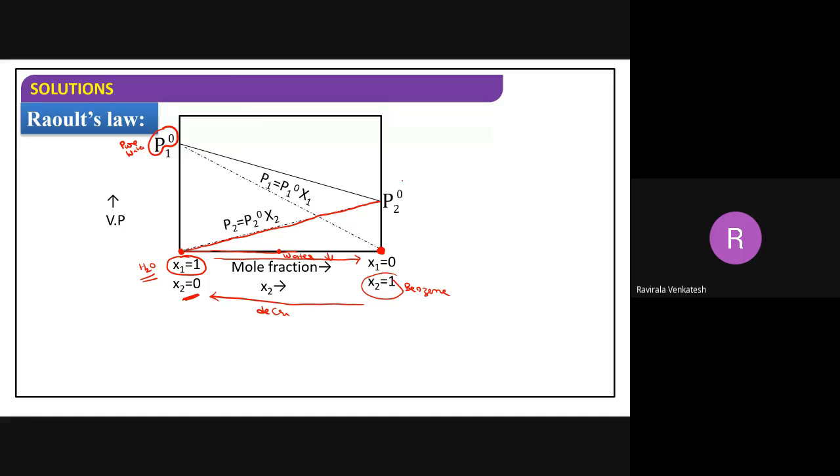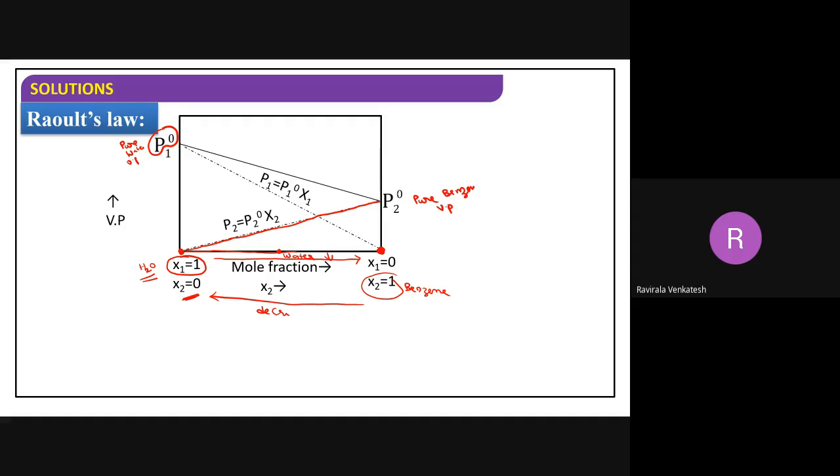The vapor pressure of the benzene is obviously less, because of its lower boiling point. This is the pure benzene vapor pressure, and this is the pure water vapor pressure. Obviously, when you have more water, it will exert more pressure.